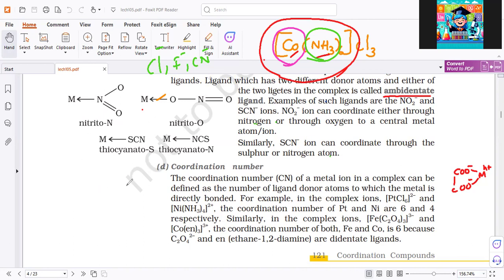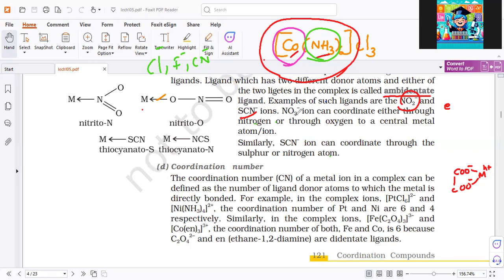For example, nitro and thiocyanate ions are examples for this. The difference is that there are two electron rich sites in that ligand, but at a time only one atom is used for forming the bond with the metal atom.